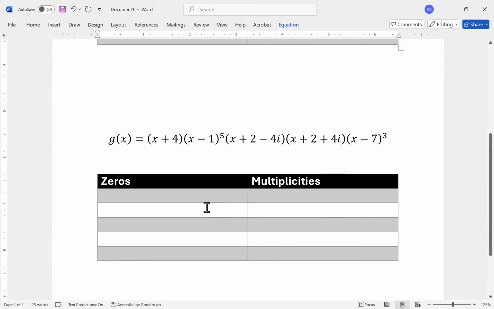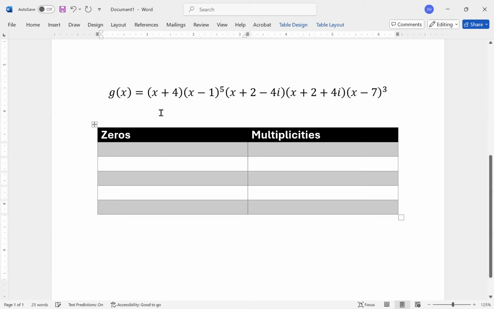Let's do the same thing for g of x. The first 0 that I see is a 0 of x value of -4. The second one I see is having an x value of a +1. Now be careful on this one. We have x plus 2 minus 4i. When I think of x minus r, that's a 0 of -2 plus 4i, because the minus has to distribute.